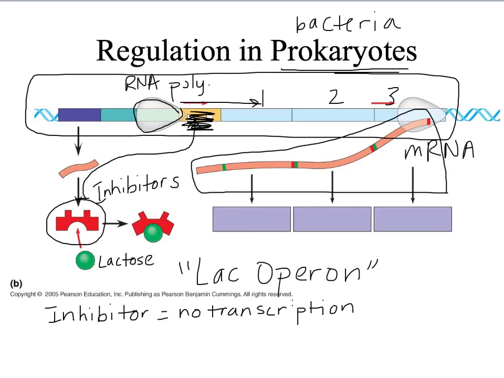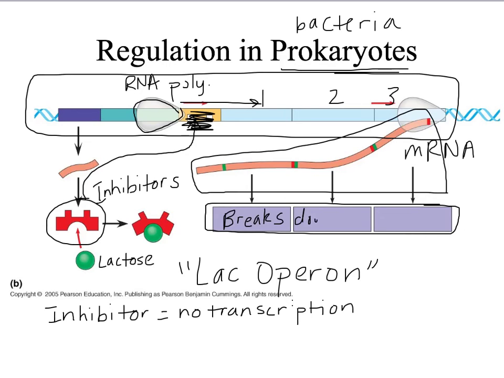And it just so happens that this polypeptide, this protein that's made from that mRNA, helps to break down lactose. So it would be very helpful if, when lactose is in the environment, this polypeptide was made, because then we could use that lactose as a bacteria and get some energy out of it. So how does that work?